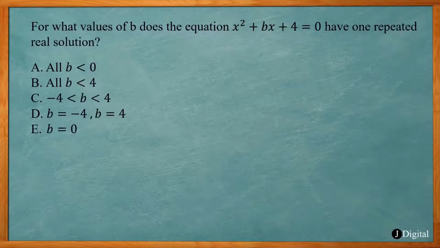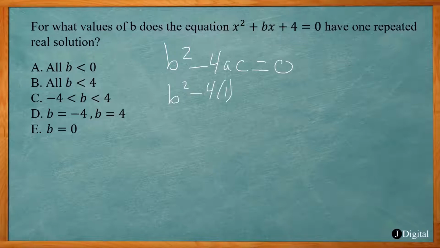Now this one is slightly different. It says, for what values of b does the equation x squared plus bx plus 4 equals 0 have one repeated real solution? Having one repeated solution is when our discriminant is equal to 0. So we got b squared, and remember our a is 1, c was 4. That's b squared minus 16.